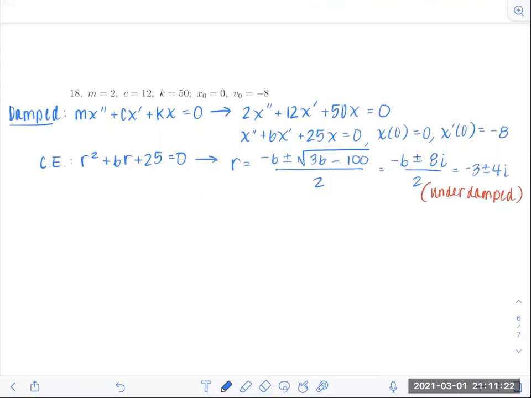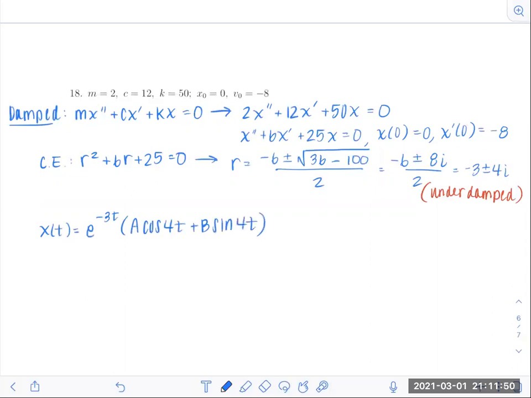All right, so next we would like to set up our solution using the fact that we're working with a complex conjugate pair. So we have e to the real portion of the root times t, times, and here instead of c1 and c2, the book tends to use A and B in this section, so I'll stick with that notation: A cosine 4t plus B sine 4t.